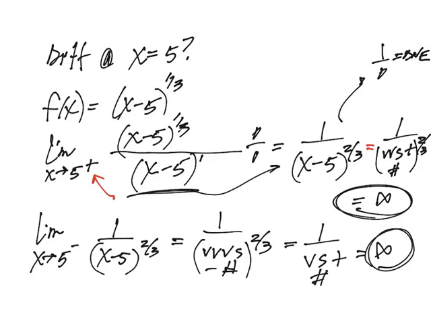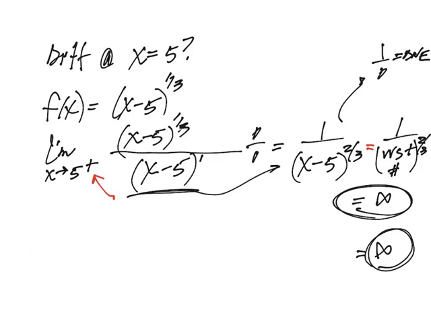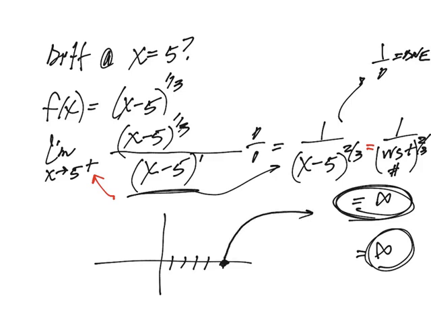Now you can't have an infinite two-sided limit, but this is telling us something about how the graph behaves. If I make a quick sketch of this, I know I'm at (5, 0), and as I come in from the right-hand side, I get positive infinity slope. If I come in from the left-hand side, it's also positive infinity, which means I'm getting something that looks like this.